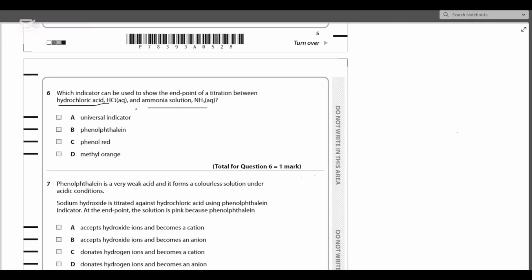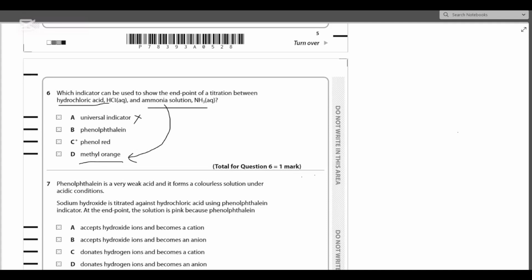And if that's the case, then a strong acid and a weak base basically means that the pH range that falls within their equivalence point is similar to the methyl orange indicator. You can check out the data booklet and check it out. Universal indicator does not provide a sharp color change, so we don't actually use that too much.